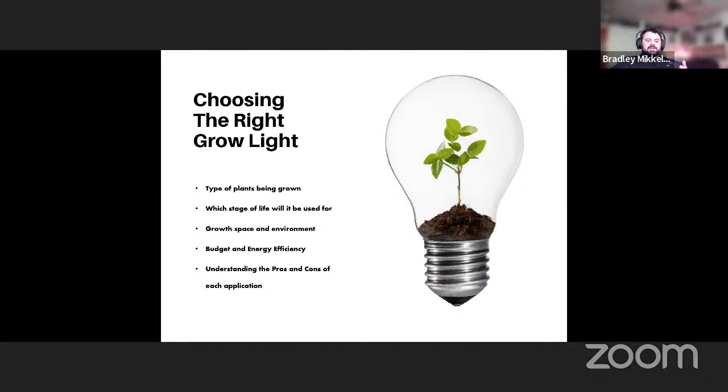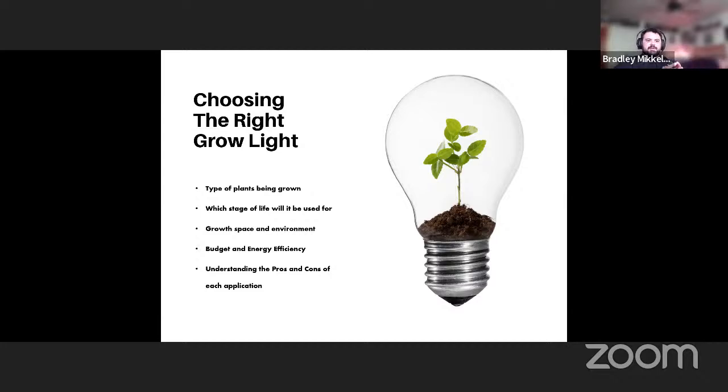Microgreens are basically seedlings that you're harvesting, and so they don't need a really high light intensity. It's a very efficient form of growth, and that's one example of choosing the right grow light. So if you're trying to do microgreens, you don't need a bright, high intensity, high end light, HID, or high powered LED. You can go with something really small.